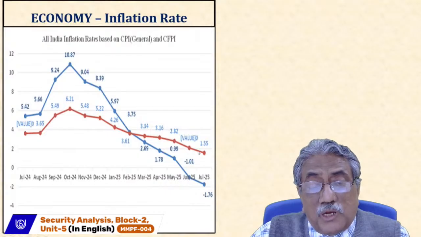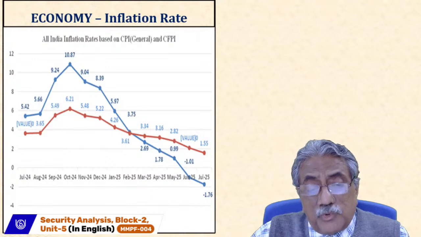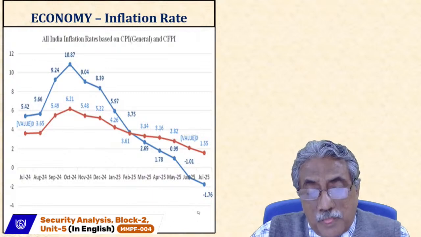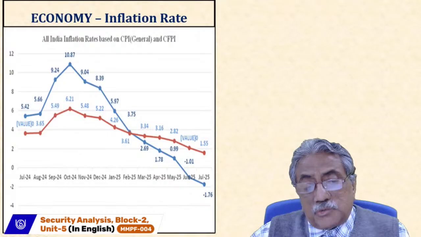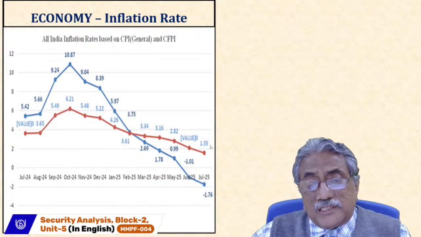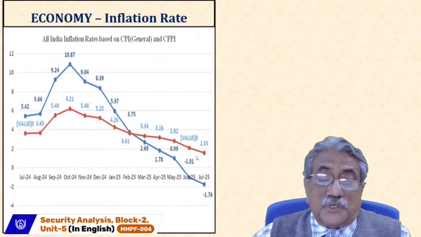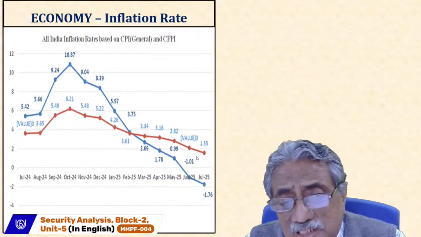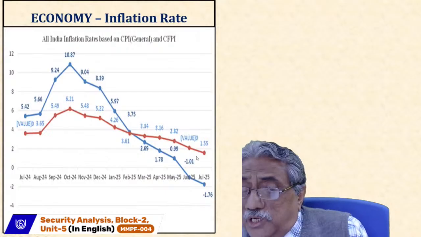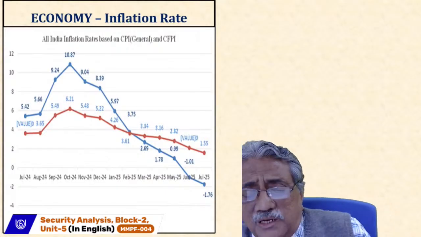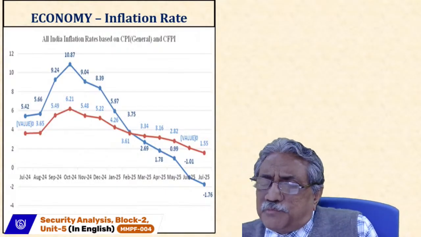And this is the food consumer price index. This is important, and this is food. Okay, consumer food price index and consumer price index. We are bothered about the red one, consumer price index. So if you see that consumer price is 1.55 in July, now it is less than 1. So that means inflation is benign.